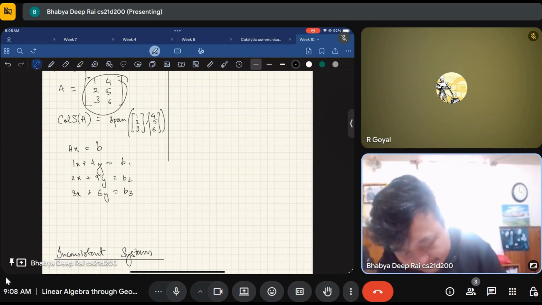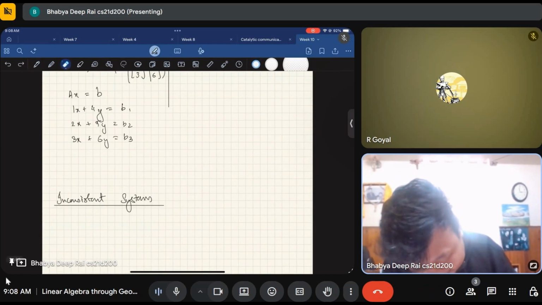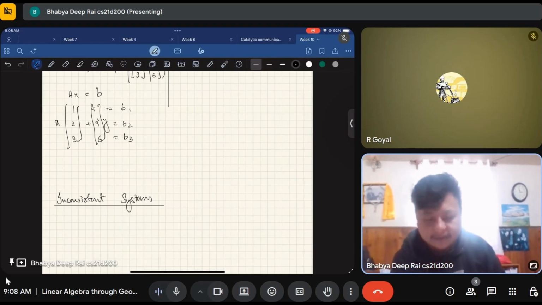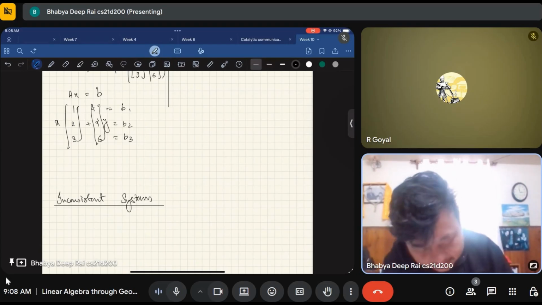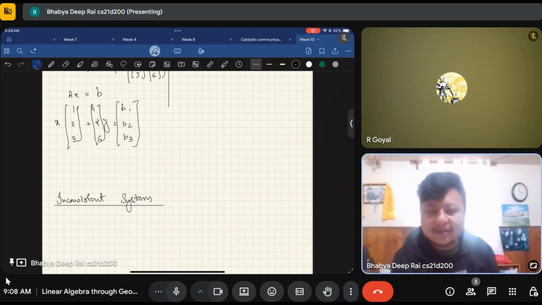If this is the system given, equivalently I can group these x's and y's together, and b can also be grouped together like this.